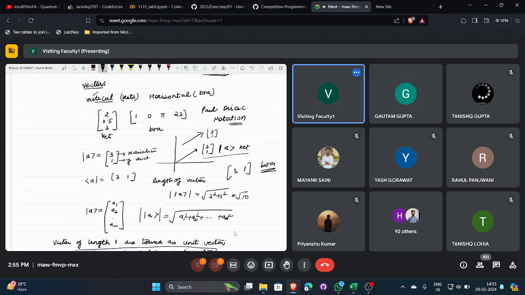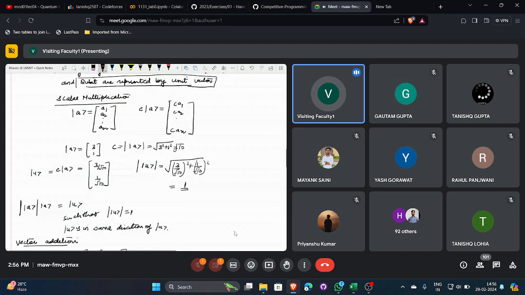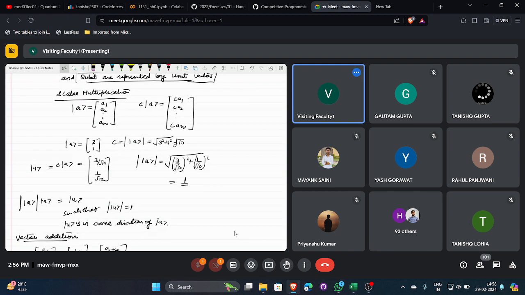Ma'am, is the multiplication of a bra and ket vector not a vector? The multiplication of bra and ket vectors, no, it will be a quantity. When you multiply a row and a column, you get a value. It will not be a vector, it will simply be a scalar value.